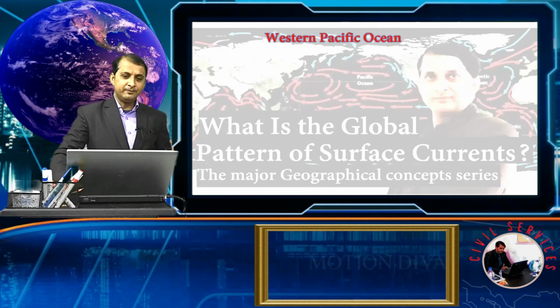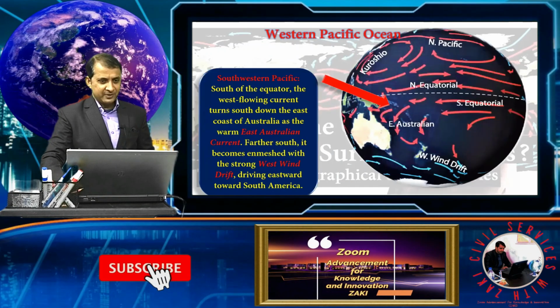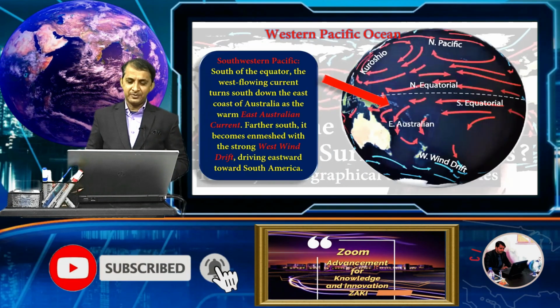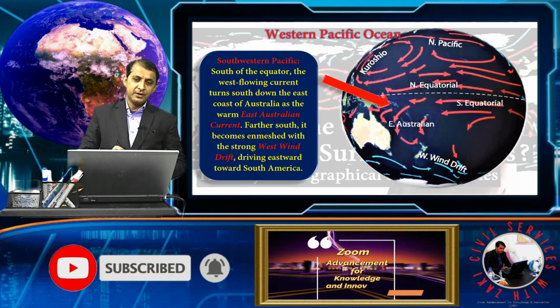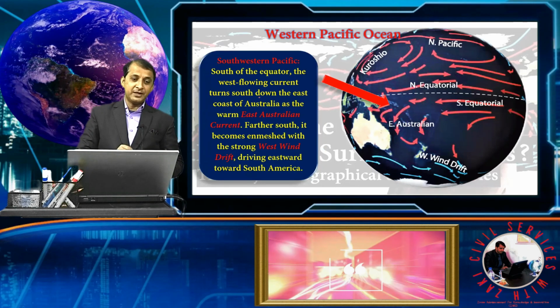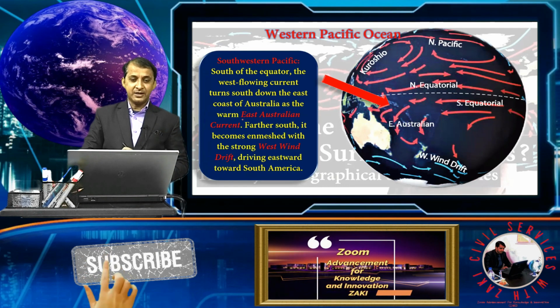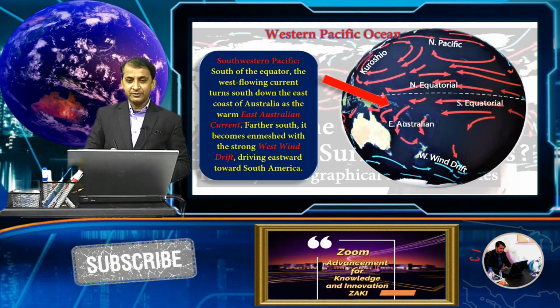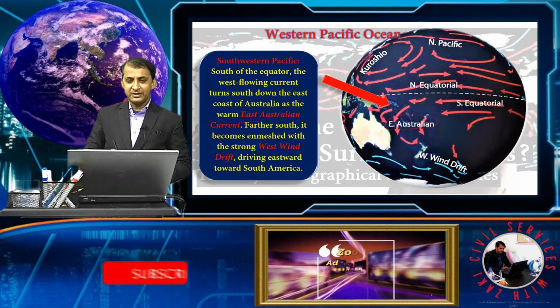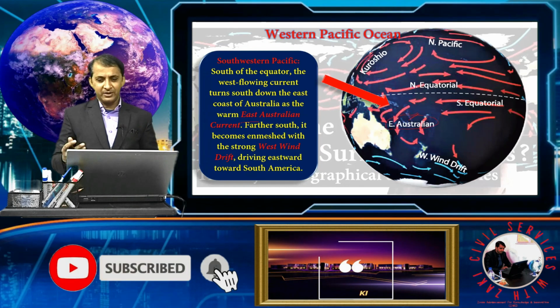Another we see in the Western Pacific is the Southwestern Pacific. South of the equator, the west flowing current turns south down the east coast of Australia as the East Australian current. So the East Australian current is a warm current.